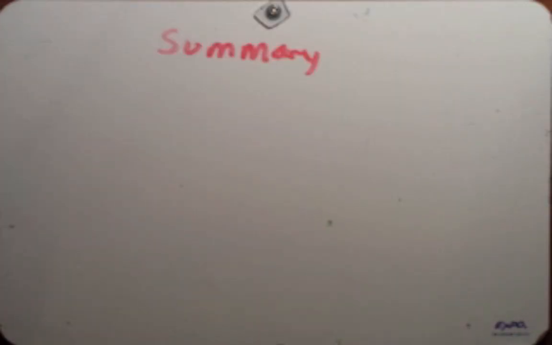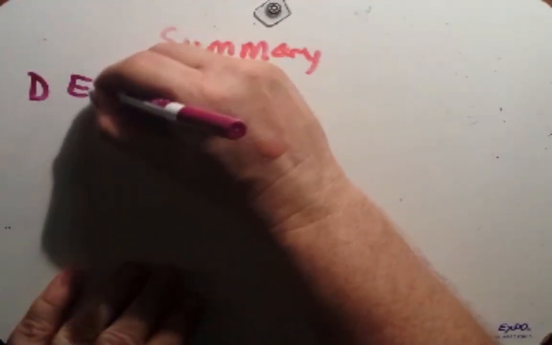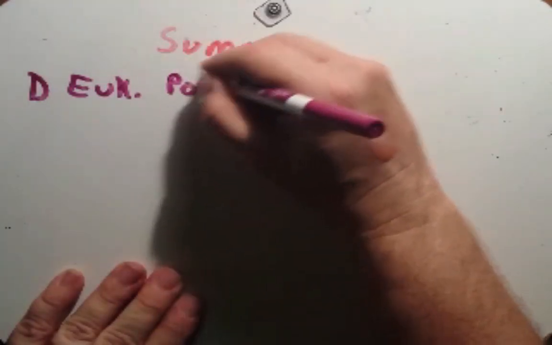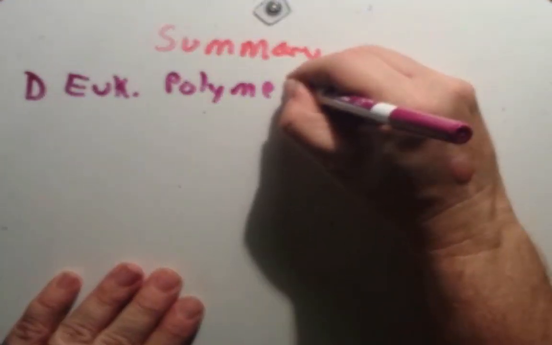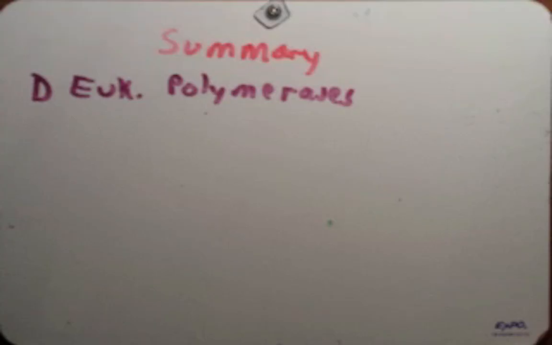Okay, that ends the podcast. Let's go ahead and give a quick summary. In this podcast, we talked about eukaryotic polymerases, the 5 different ones we see in eukaryotes, plus some additional ones that we see in mitochondria and chloroplasts, and then we briefly touched on the one we see in archaea.